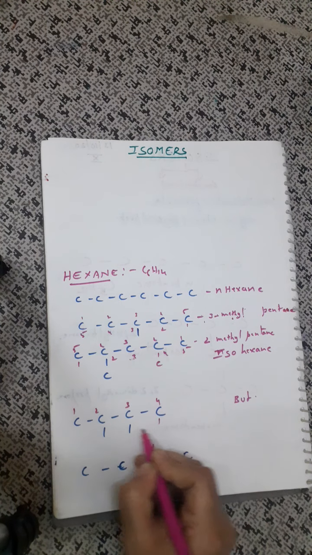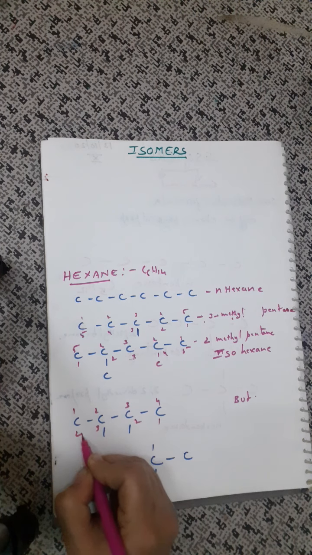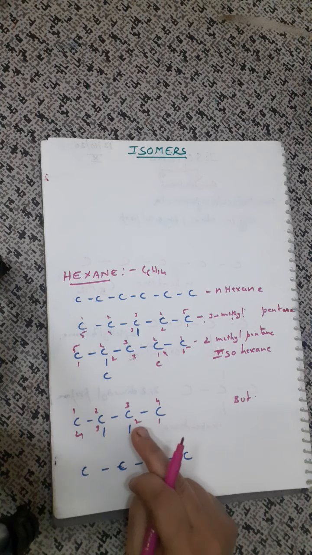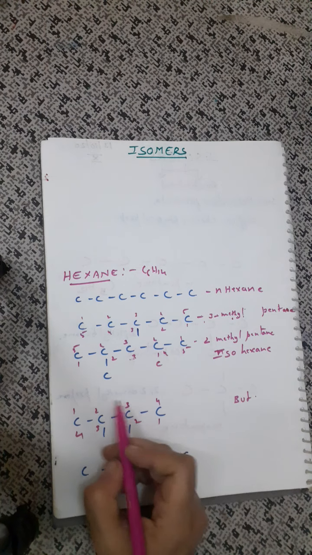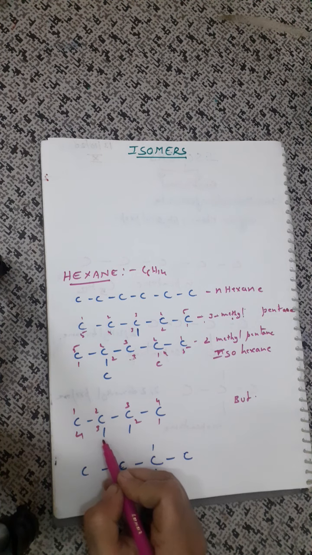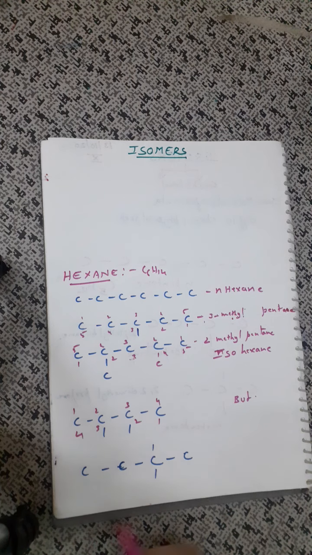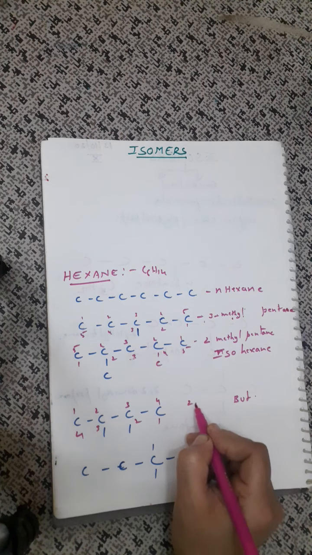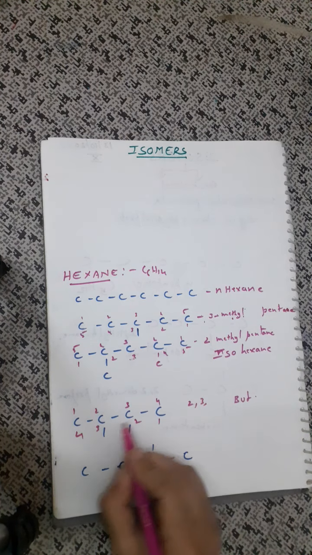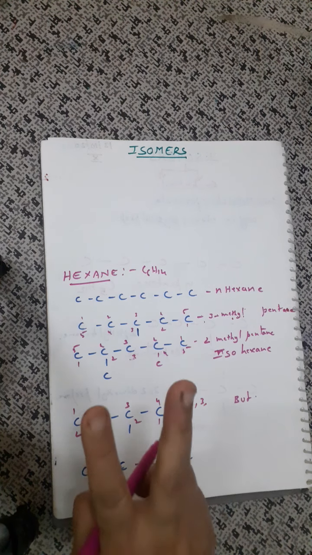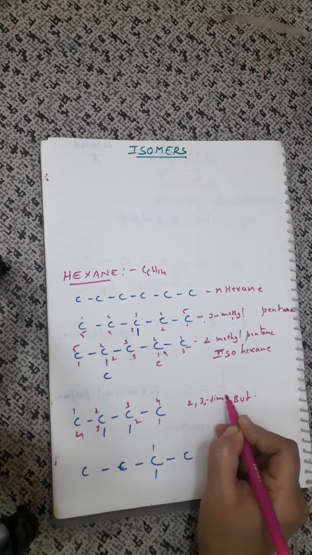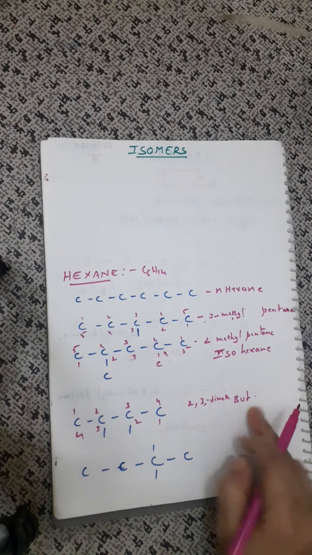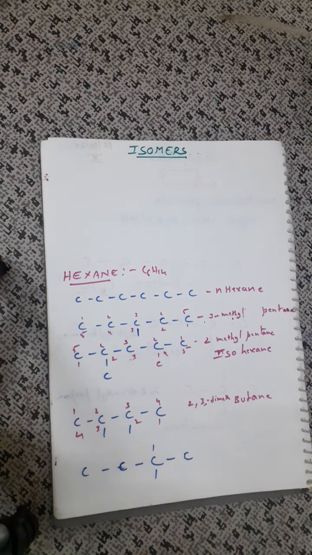And I start from my right side, 1 2 3 4. So that means if I come from left or I come from right, the numbering of methyl will be on second and third. So it is 2 3. How many methyls? 2 methyls. So I call it as 2 3 dimethyl. Okay, dimethyl butane. Fine.